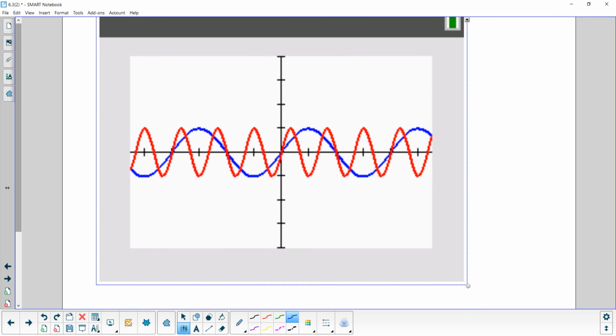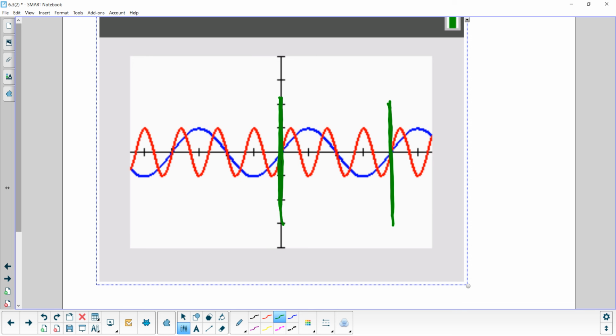In the original, one cycle was from here to there. If you look at the graph in blue, that's one cycle. Now we did sine 3x, which means we should have 3 red cycles in the same span of time that we originally had 1. So let's check. So we got 1, 2, 3.